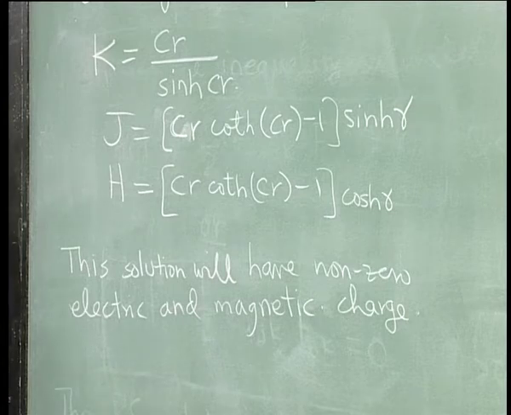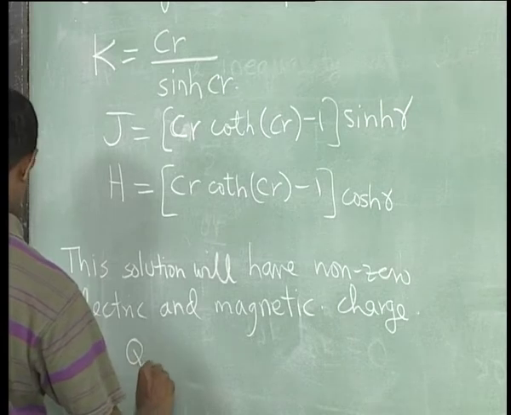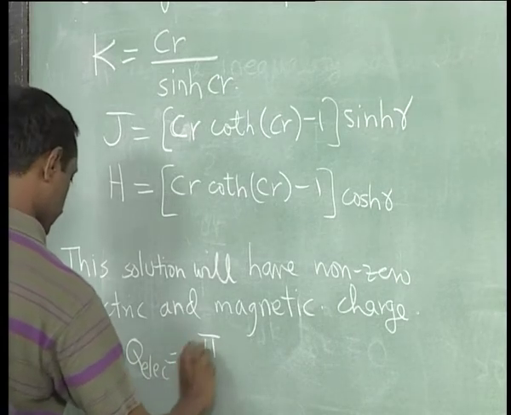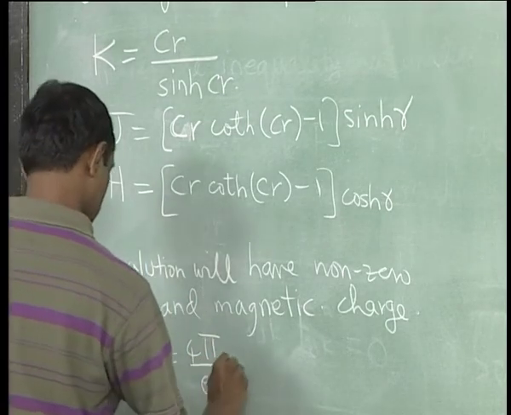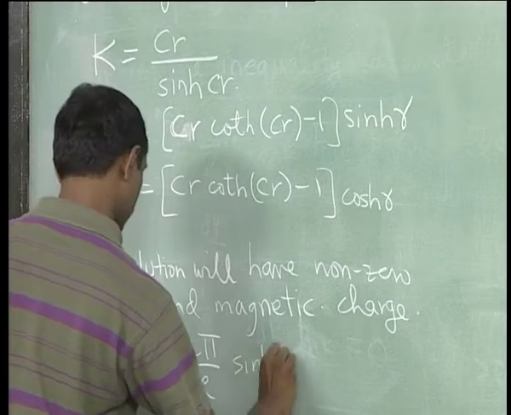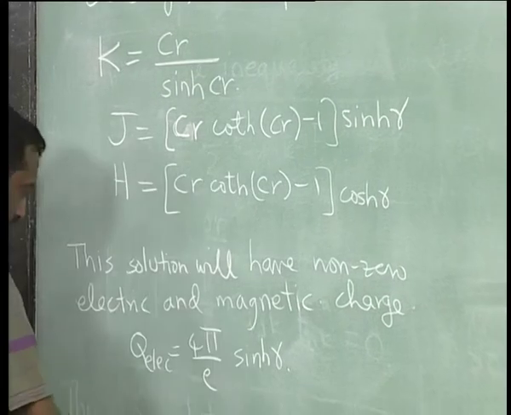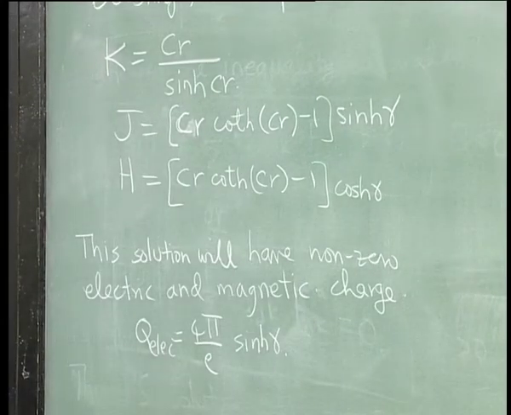The electric charge turns out to be q electric equals four pi over E times sin hyperbolic of gamma. So if you switch off gamma, okay. And the monopole charge will be whatever you had before multiplied by cos hyperbolic of gamma.